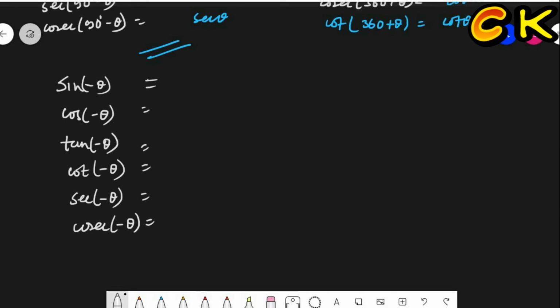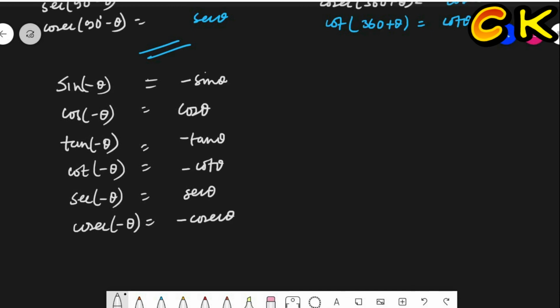Since minus theta lies in the fourth quadrant, cos only will be positive, so cos of minus theta will be cos theta, and sec only will be positive, so sec of minus theta will be sec theta, and the remaining will be negative. So sin of minus theta will be minus sin theta, then we get minus tan theta, minus cot theta, and minus cosec theta.